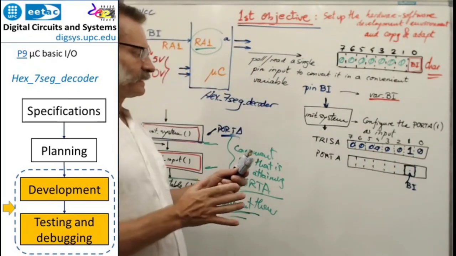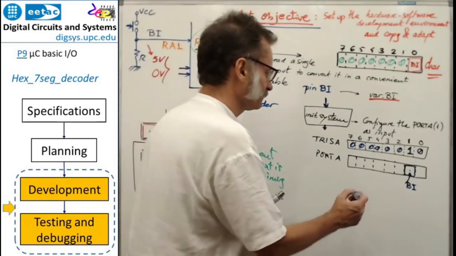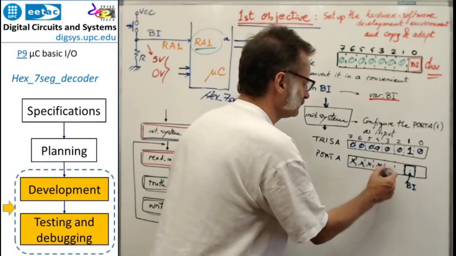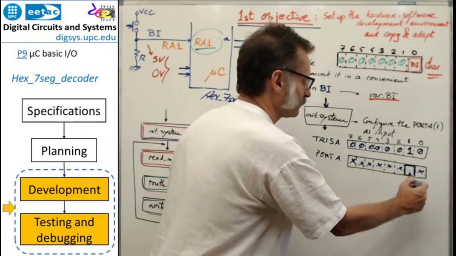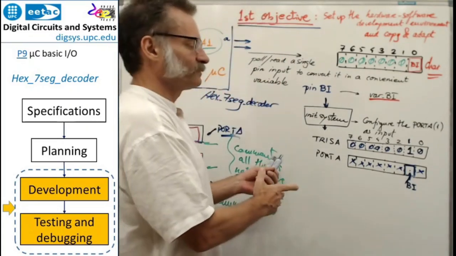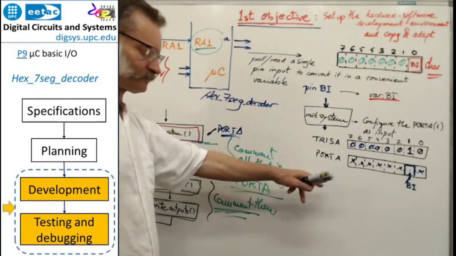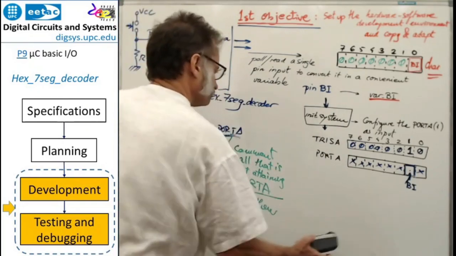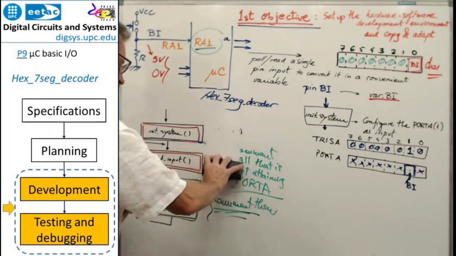Let's organize the trace A like this, because that is the point. You are not interested in anything about the port A except the pin 1. Where is that you have the pin input? Okay, so this is what you are going to do in the init system. Okay, and then what goes next is to discuss what is going on in read.